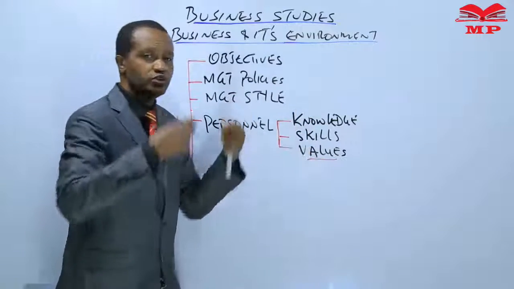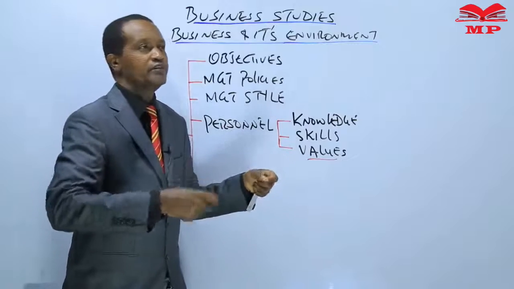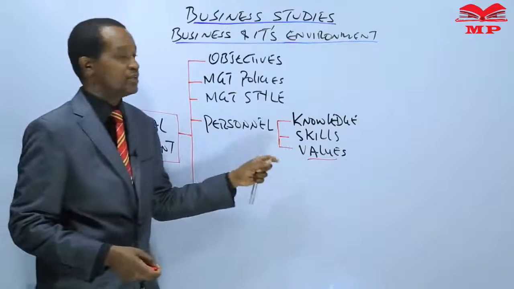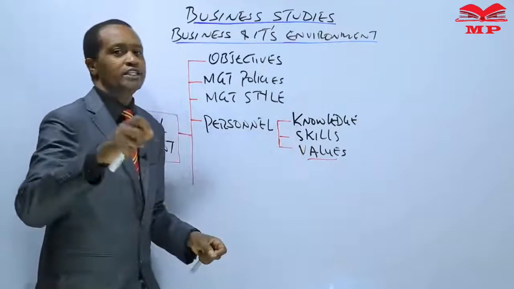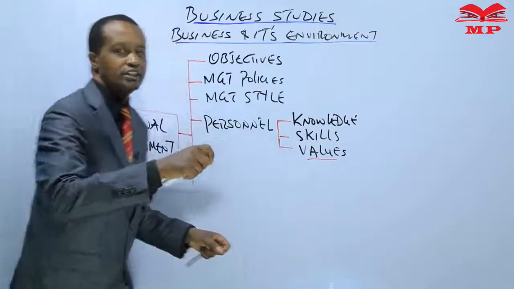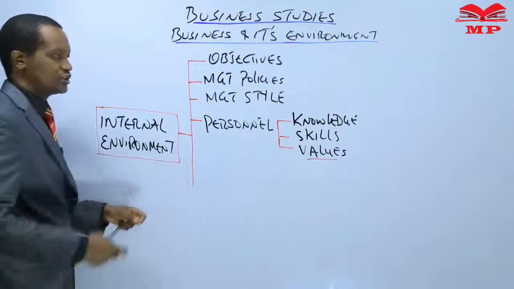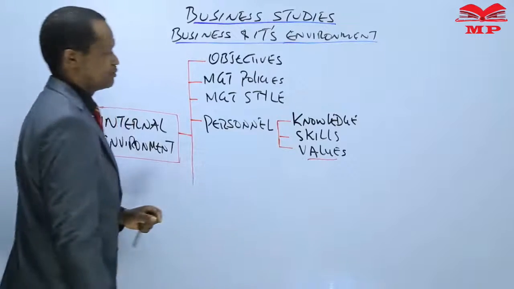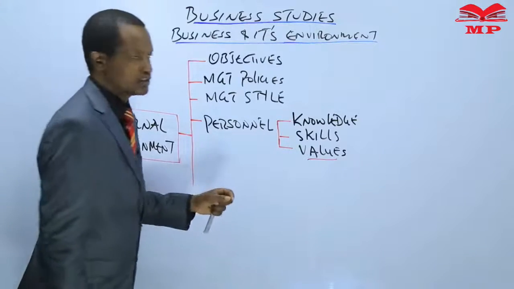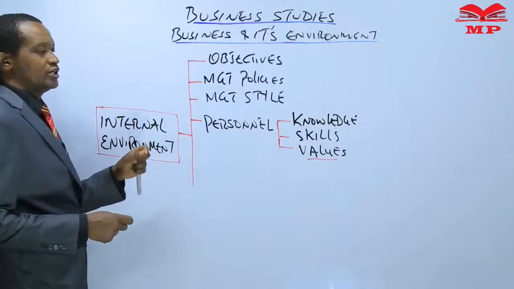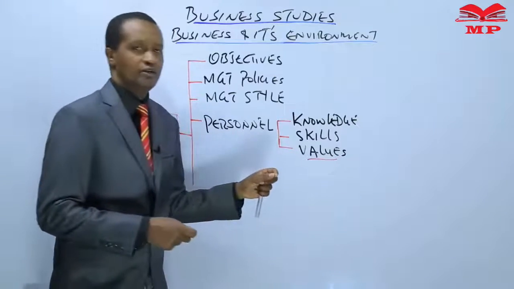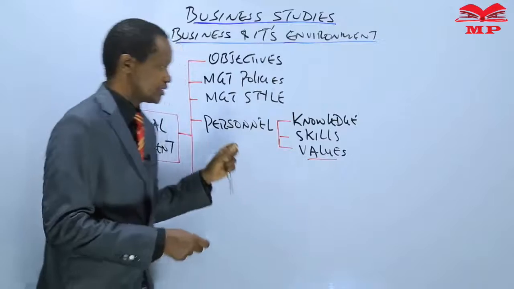The core values and the beliefs held by the management and the employees determine how the business responds to challenges. Because there are always challenges at the workplace. There are always challenges within the business. There are always challenges from external sources.